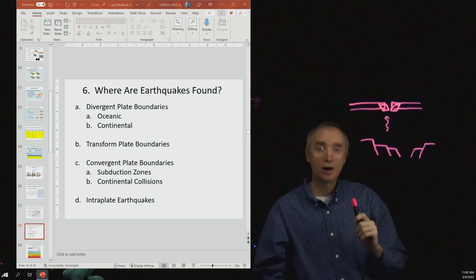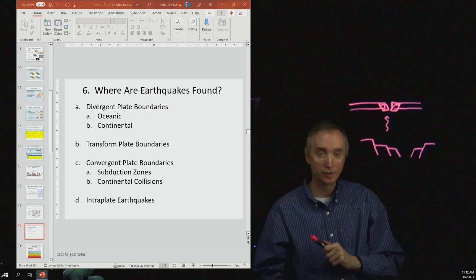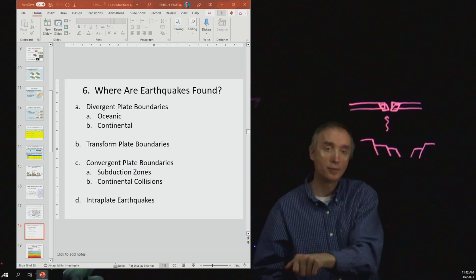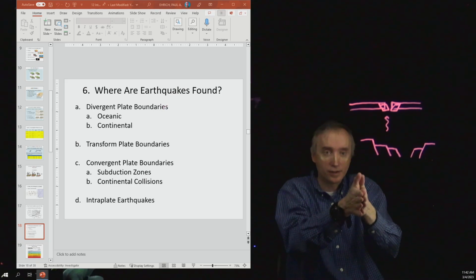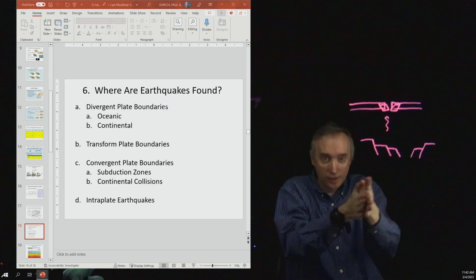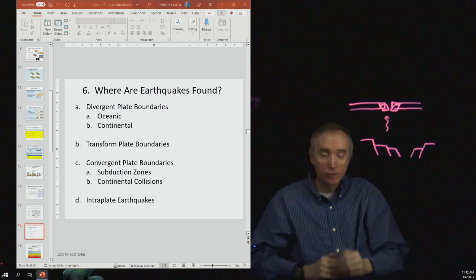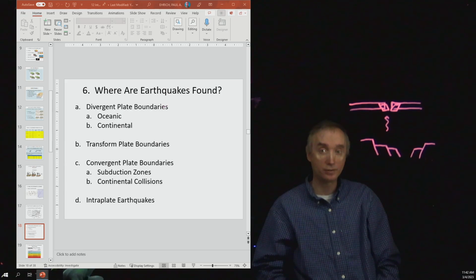Okay. On the other hand, let's look at a transform plate boundary. So with the transform plate boundary, you've got two plates, they're getting stuck together, and then all of a sudden they slip, and then that's going to generate an earthquake. So an example of this is the San Andreas Fault in California.